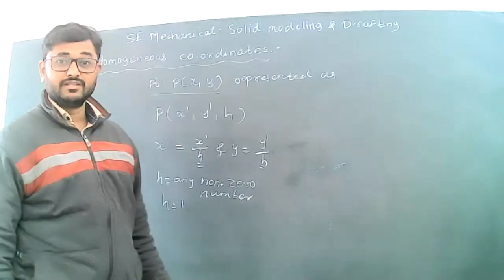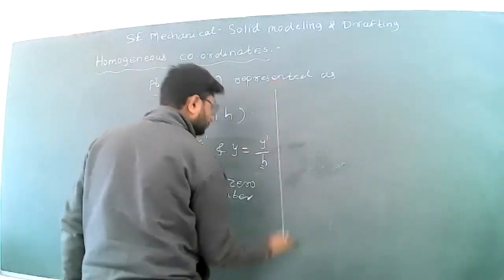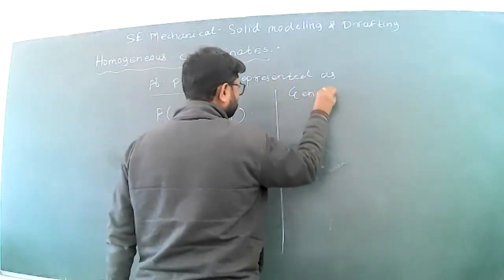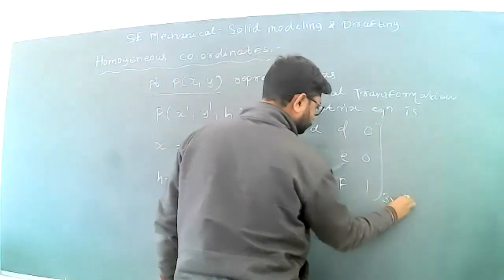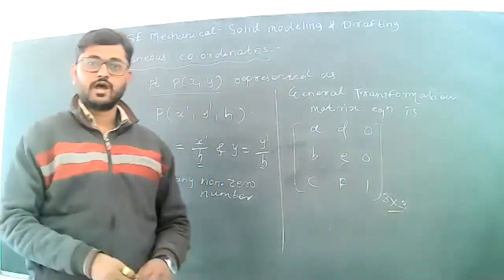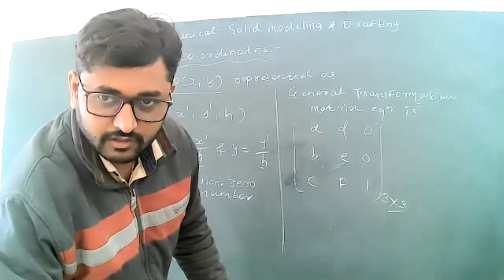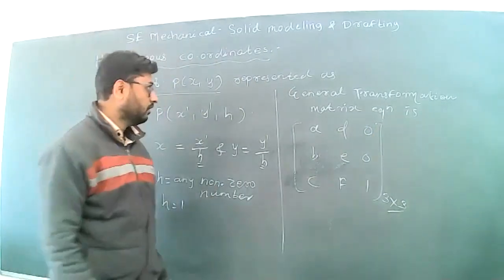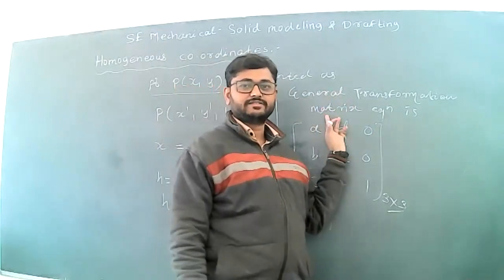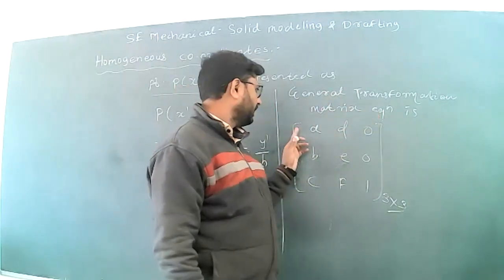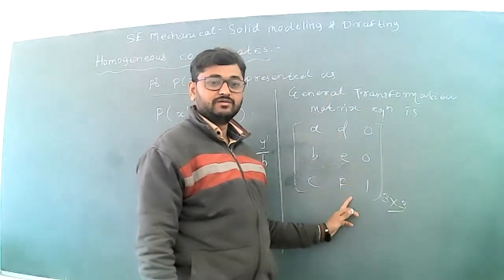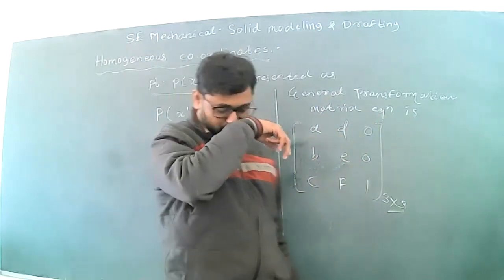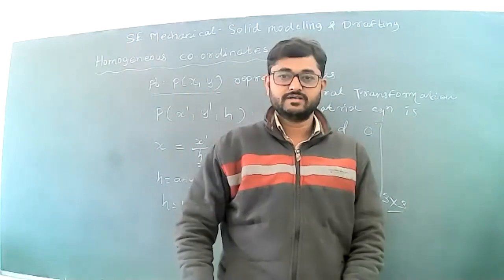For example, the general transformation matrix is a 3 by 3 matrix: a, d, 0; b, e, 0; c, f, 1. So this is all about the homogeneous coordinate system.